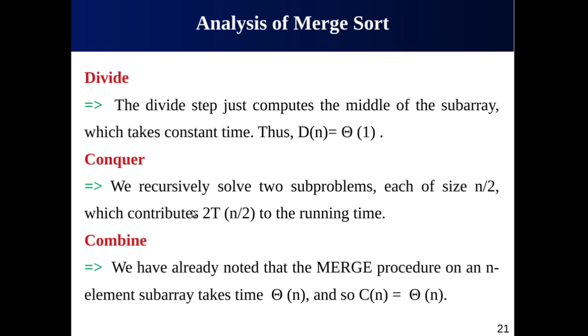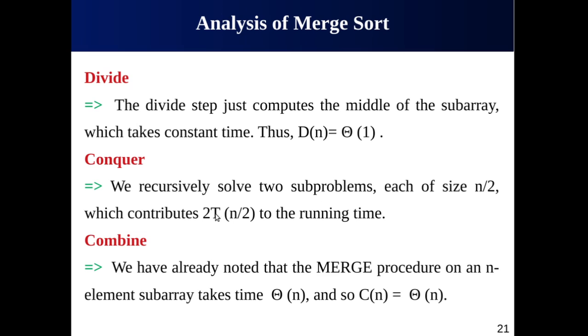And the conquer step means to recursively solve the two subproblems. Each one, as we again consider the power of 2, is of size n by 2, which contributes 2 times T of n by 2. What does it mean? We have to divide the problem into two subproblems.